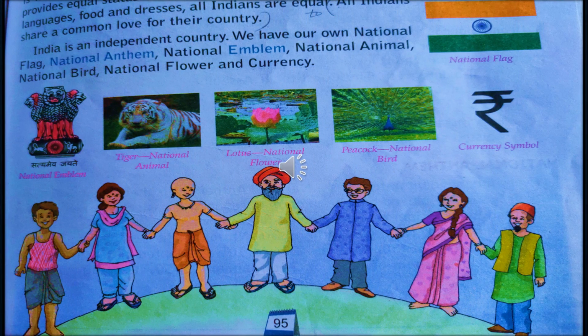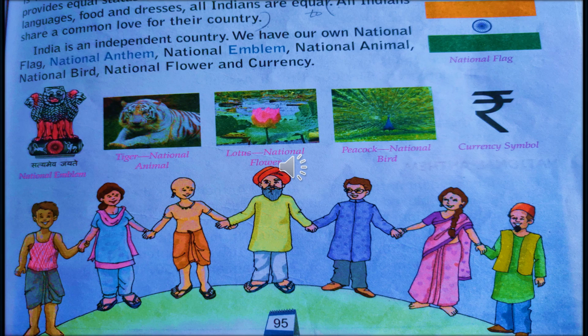India is an independent country. We have our own national flag, which we call tricolor, national anthem, national emblem, national animal, national bird, national flower and currency. All these are national symbols.